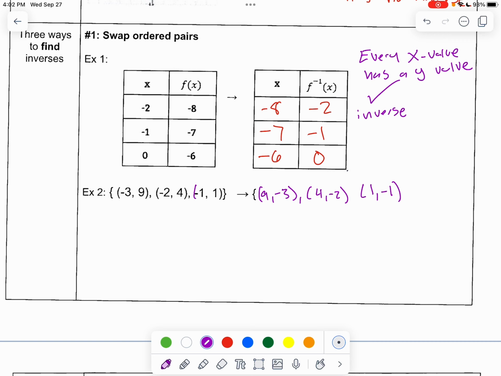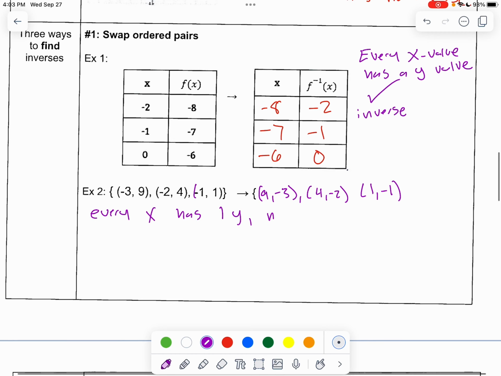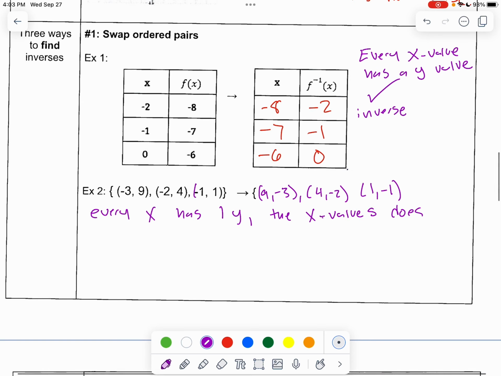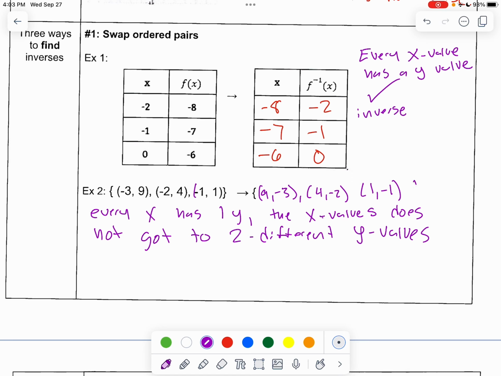And if you look, once again, every x value does not go to two different y values. So this is an inverse and how you find it.